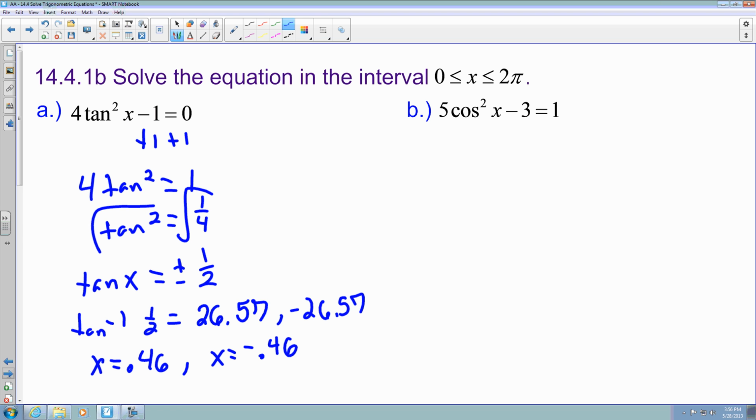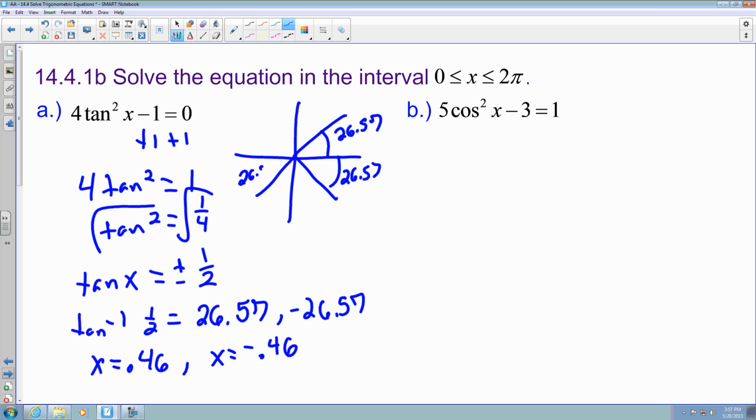But if I put this on my chart here, my reference angle would be 26.57 here, and 26.57 here, and here also 26.57, and then here also 26.57. So I get to find each one of those angles and find the solutions for those specific values.